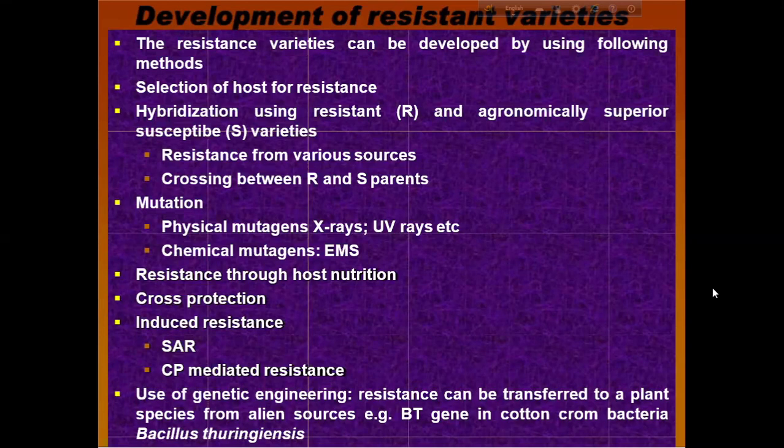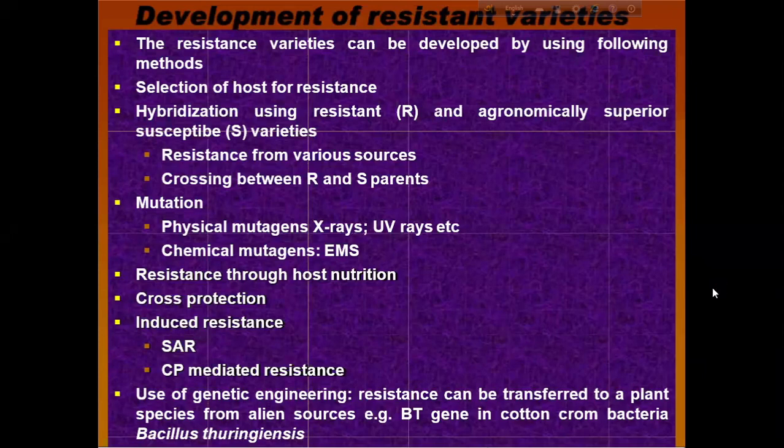This is one example of a chemical. There are some chemicals which induce mutation in the DNA structure of the plant, even in the DNA structure of human beings, of other beings. There are some chemicals, mutagenic chemicals, we call them. So they expose the plant to the chemical, and after that they check whether there is mutation or not, or after mutation whether the plant transformed to resistant or not.